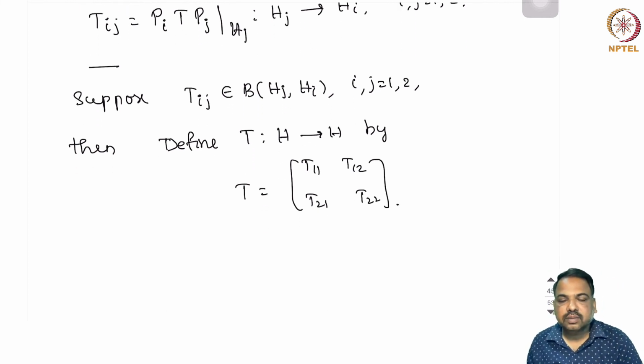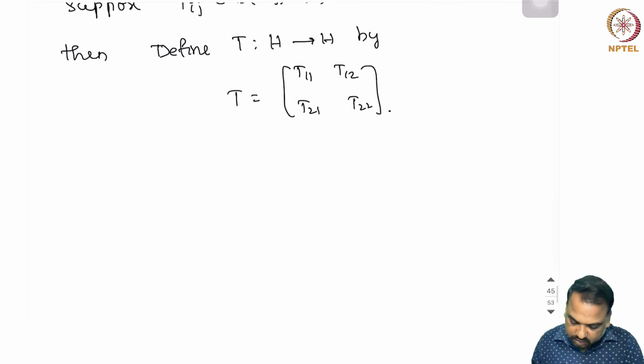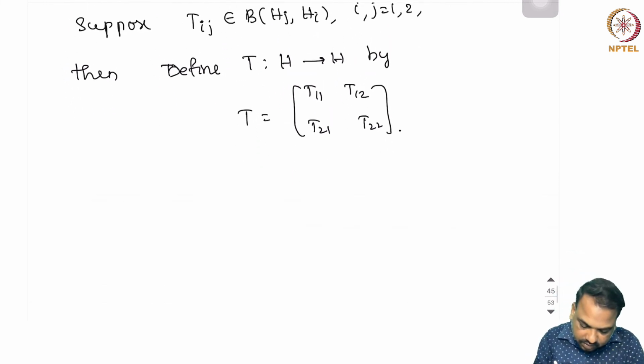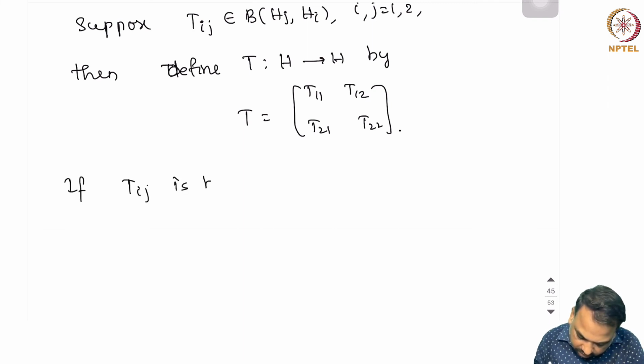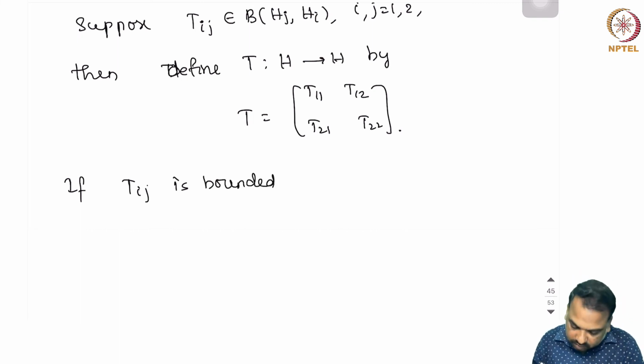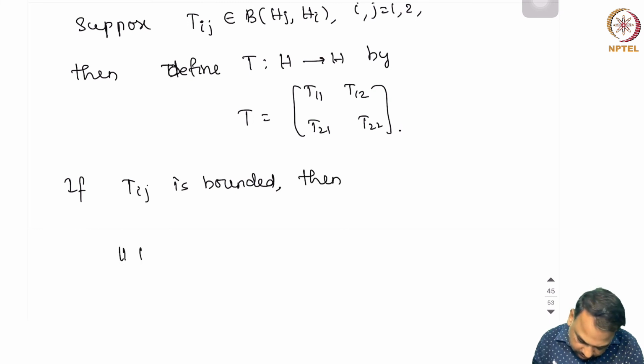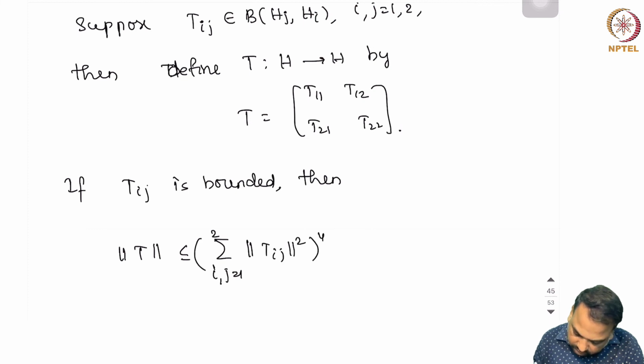So this is a map from H into H. In fact, if the Tij are bounded, just by looking at the definition of a bounded operator, we can show that T is bounded and the norm of T is less than the summation over i, j equal to 1 to 2 of the norm of Tij squared, whole power 1 by 2.